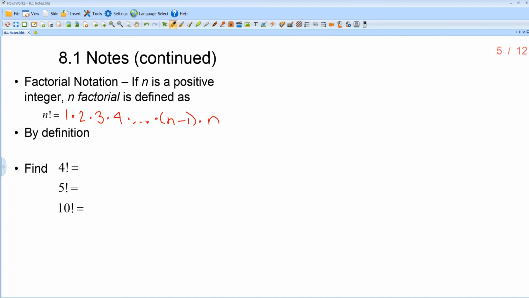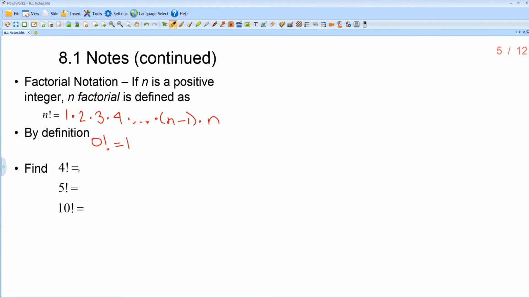So what we're really saying there is if you have some number factorial, you just multiply all the numbers before and including that number. Very important, by definition, 0 factorial is equal to 1. That's just how we define 0 factorial.